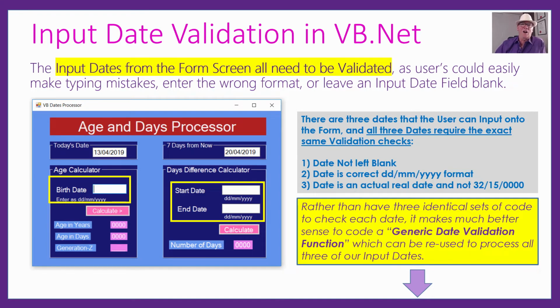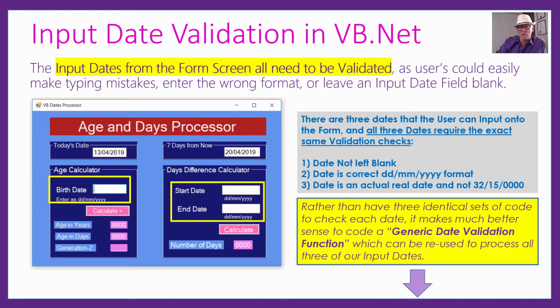Everything we code 3 times would just be checking, hey, make sure it's not left blank, make sure it's got this dd/mm/yyyy for the way it was typed in, and make sure that it's an actual real date and not something that's beyond 31 days for a month. Visual Basic, actually, when you move it to a date field, it knows the 30-day months versus the 31 versus February 28 or 29 in the leap year. It knows all of that inside anyway, so that's all okay.